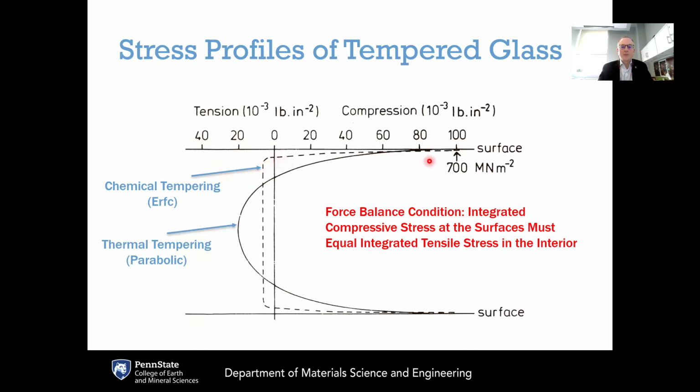And so the magnitude of the compressive stress at the surface is kind of like the strength of the armor, and this location of the zero crossing point of stress, this depth of layer of the stress, that is like the thickness of the armor.